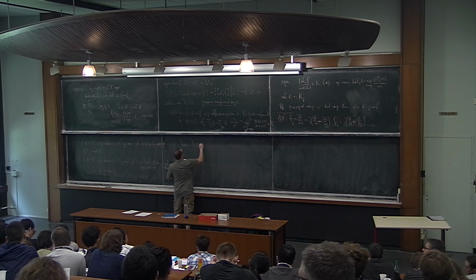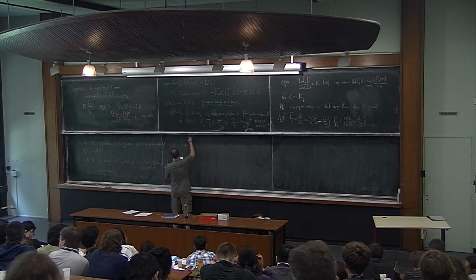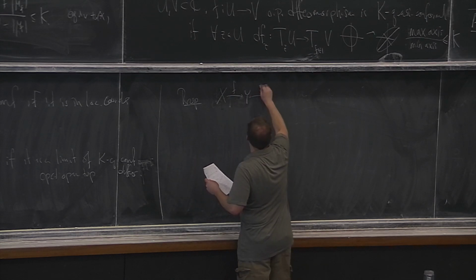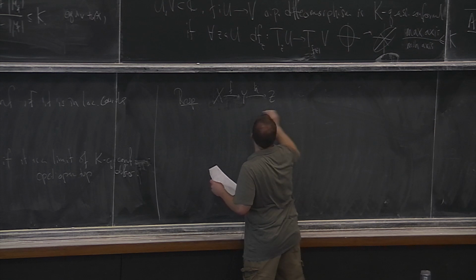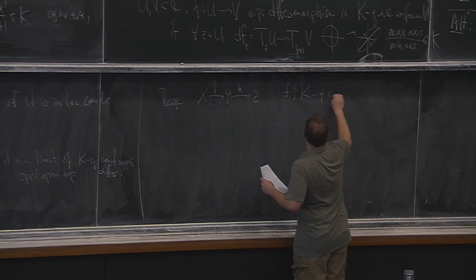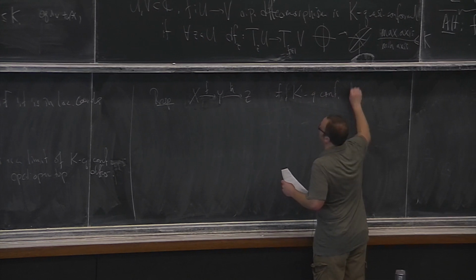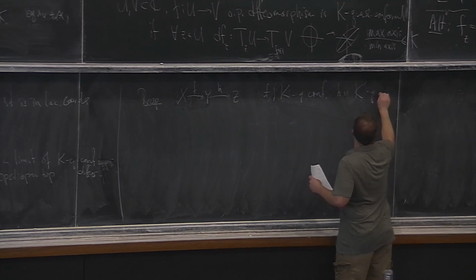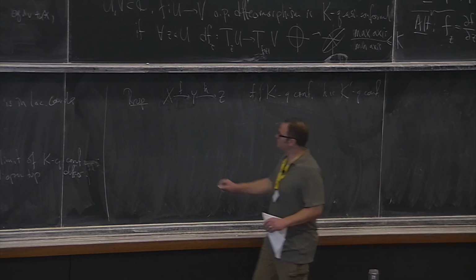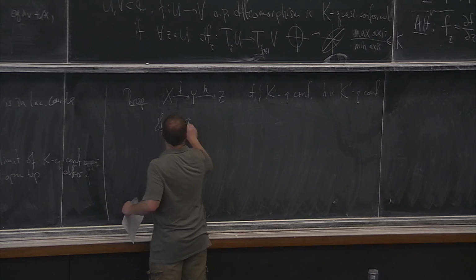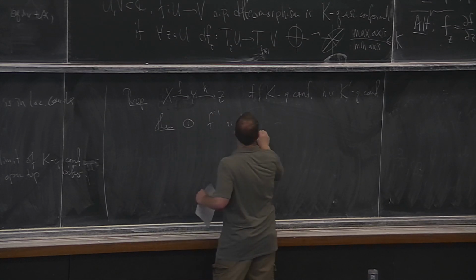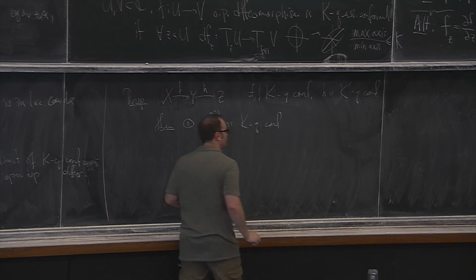Let's suppose we have f from x to y, h from y to z, where f is k quasi-conformal, and h is k prime quasi-conformal. Then f inverse is also k quasi-conformal. So inverses of quasi-conformal maps are quasi-conformal.